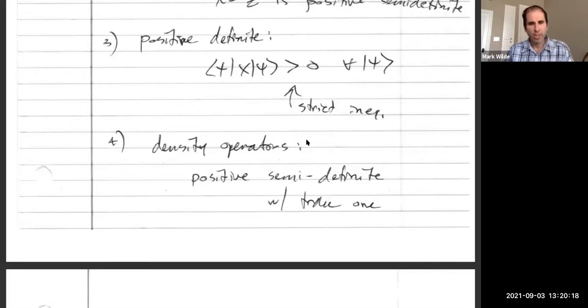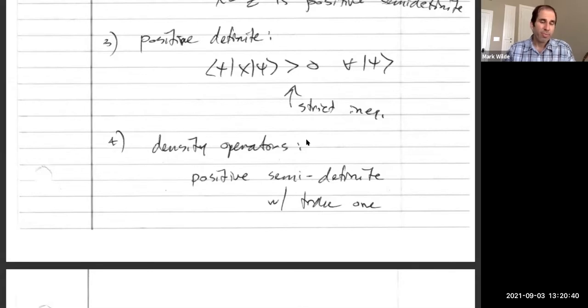Okay, so to embed a probability distribution into a quantum state, you take all the values and just place them on the diagonal of the matrix in the standard basis. And then you get a legitimate quantum state.